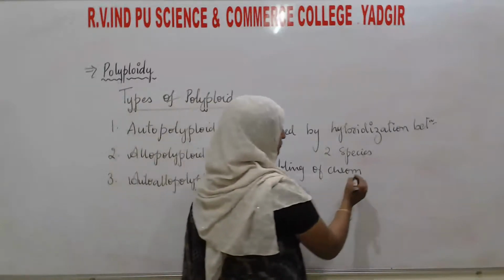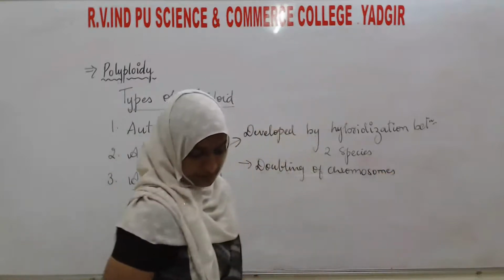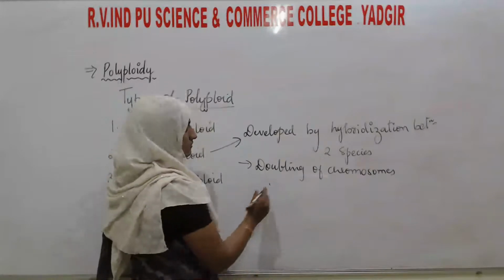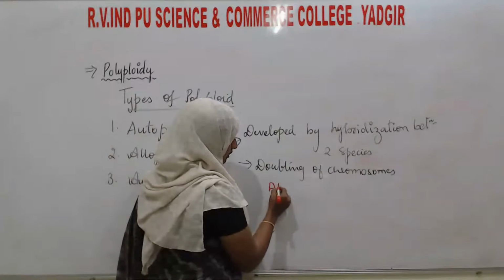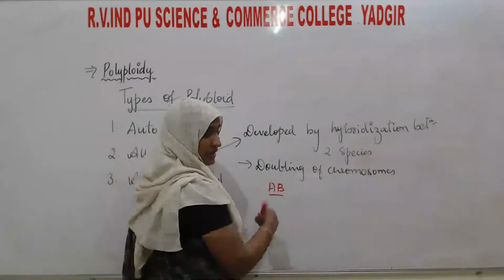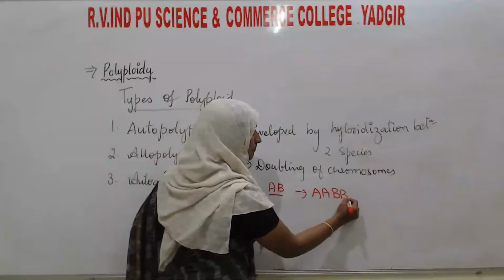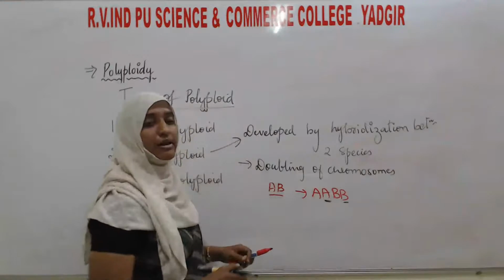Okay, doubling of chromosomes. So how, see here, if AB is the normal set of chromosomes, how is it going to double? A, A, B, B. These numbers are going to double.